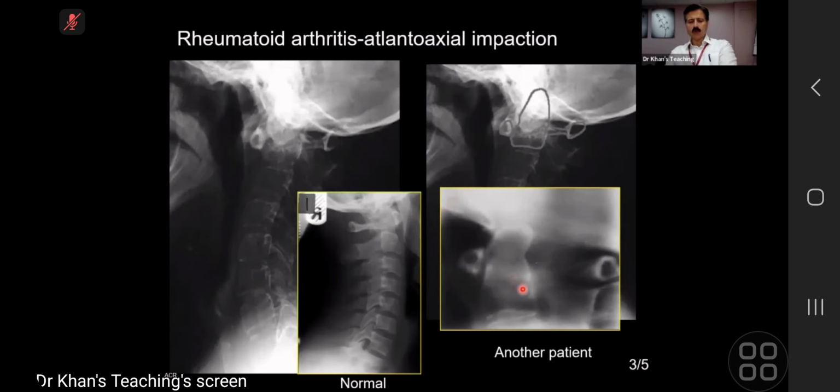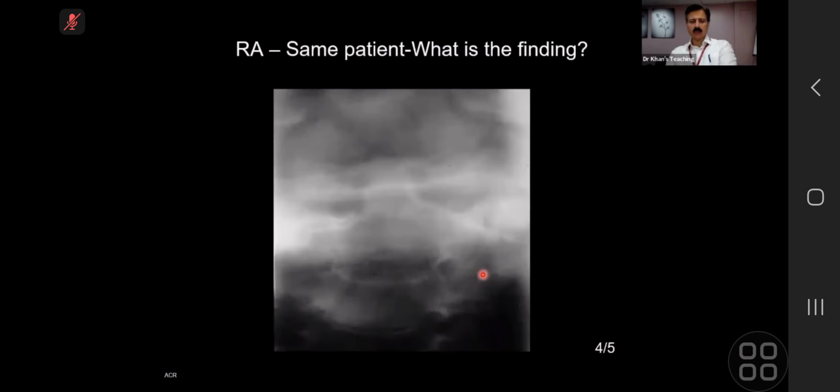So if you see here, this is another patient. This is an old tomogram, where you can see that the dens has gone into the foramen magnum. So what is the concept behind it? Of course, your generation does not see tomograms, which are obsolete now. But just to make a point, this is the dens and this is the lateral mass of C2.